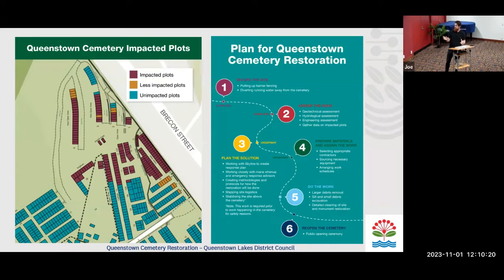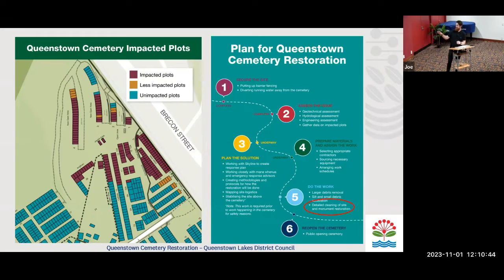It's a full 6-step process, but I'd like to draw your attention to the second to last point here, which is detailed cleaning of the site and monument restoration. That part of the work can be particularly difficult if we don't know what the cemetery was like before, if we don't have records of how the headstones were or the condition that they were in.